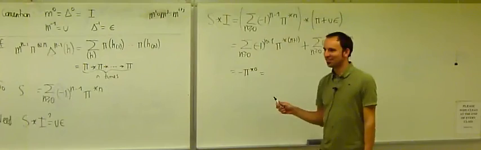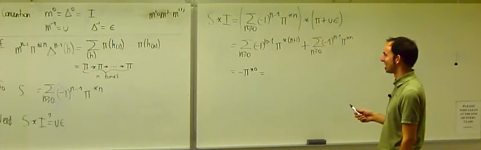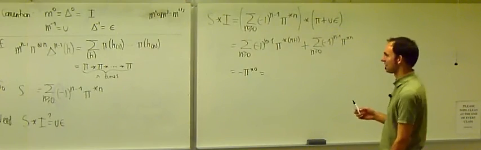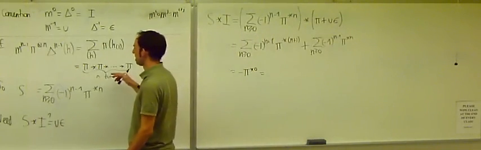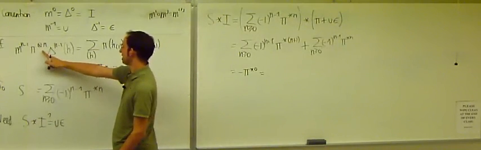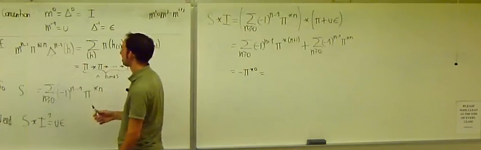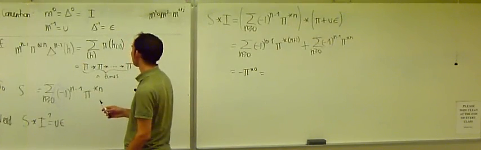So we do get the u thing. Because pi star 0 means, going back to the definition of what pi star is, n is 0.